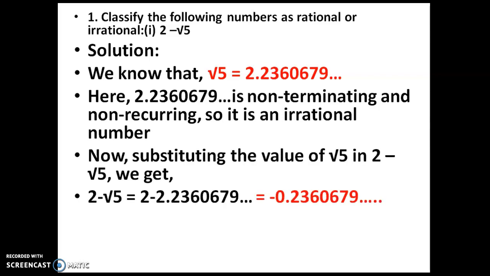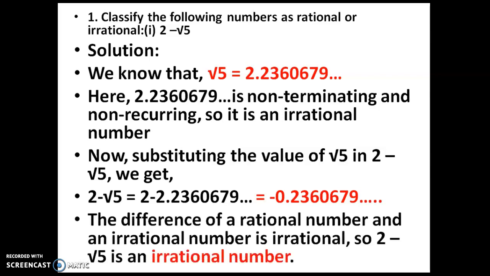Now substituting the value of the square root of 5 in 2 minus the square root of 5, we will get minus 0.2360679. So the difference of a rational number and an irrational number is irrational. So 2 minus root 5 is an irrational number.